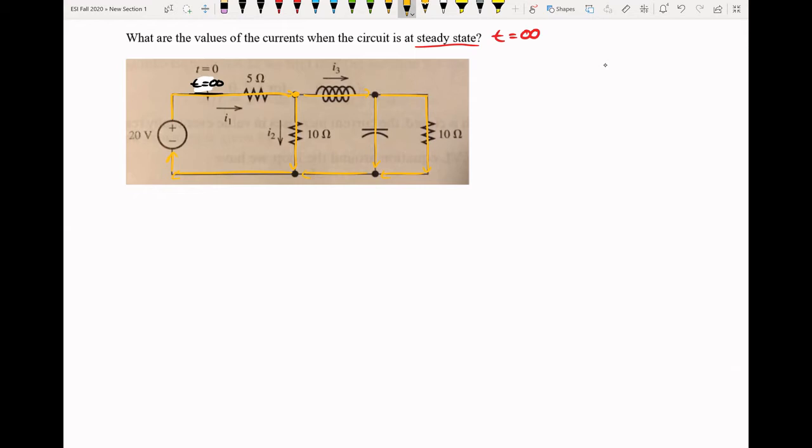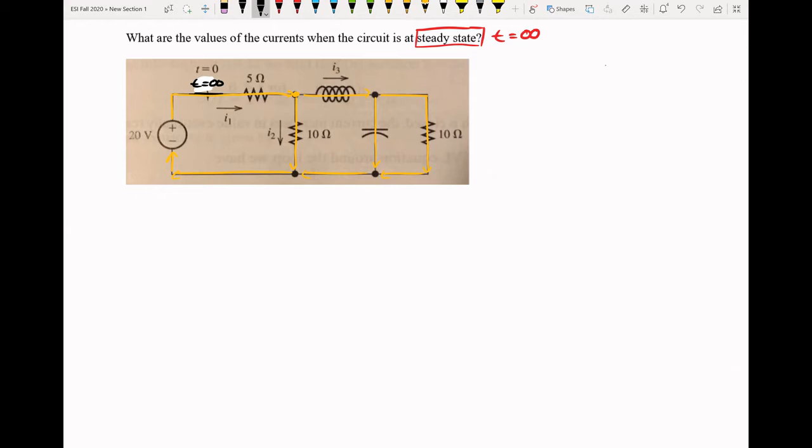We are not quite familiar with how to do certain charging and discharging equations yet. So the best thing in the world that you'll get for these problems is steady state. That is your best friend, because if we know how these elements act at steady state, we can do things with them.